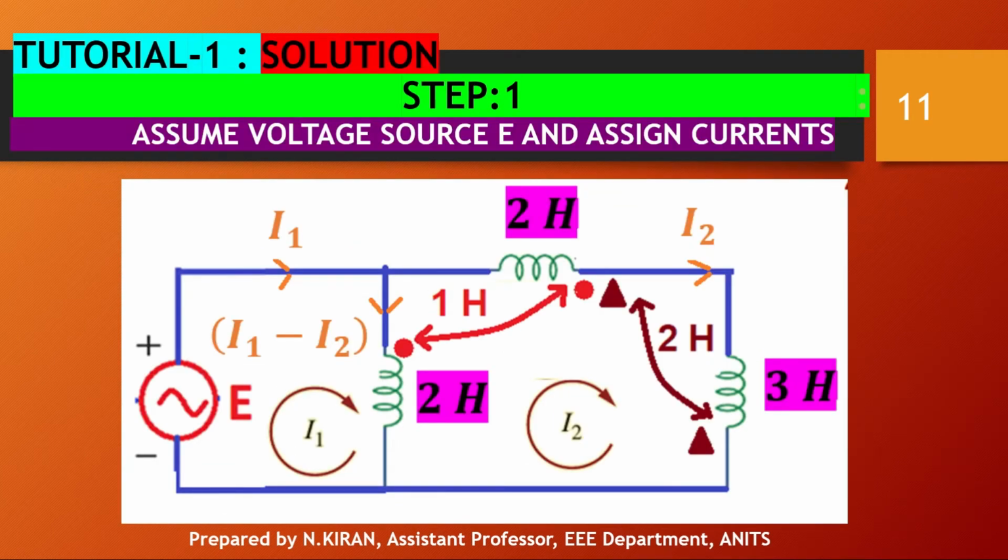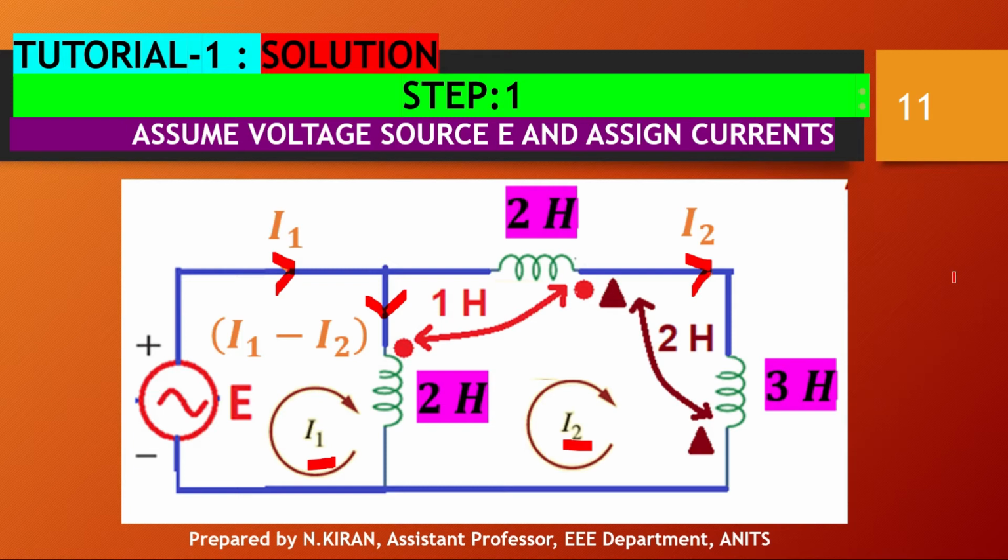The first step is to assume some voltage E and assign branch currents as well as mesh currents. Assuming mesh currents to be I1 and I2, the branch currents will be I1 in this branch, the current in this branch will be I2, and the current in this branch will be I1 minus I2.